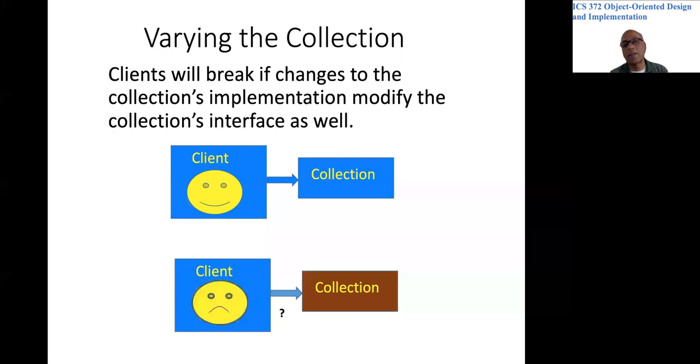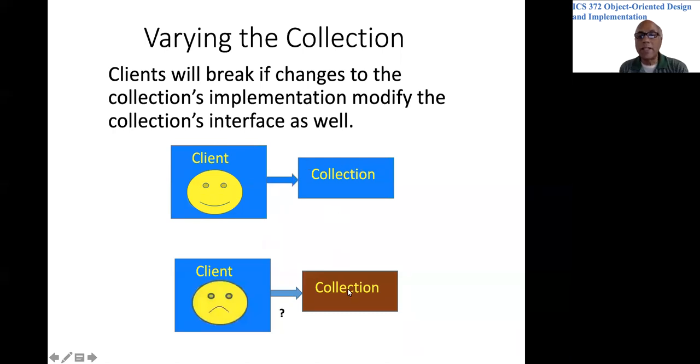We use that class to create our programs. So this client is very happy with the collection. There are some methods in the collection class to retrieve the objects that are stored in the collection, to store new objects, delete objects, traverse the objects, and so on.